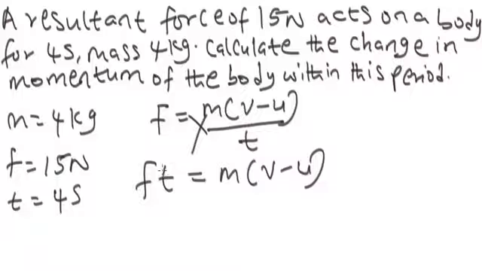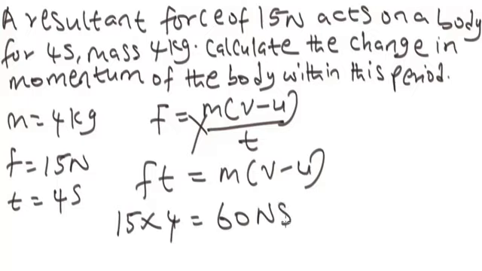So from this expression, we can deduce that the change in momentum of this body within this time will be, since we have our force, 15 times our time, 4, which is 60 Newton seconds. So this will be the answer to this problem.